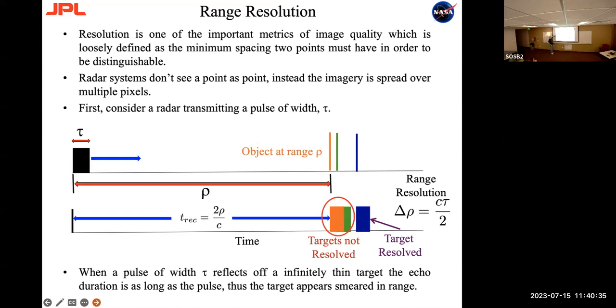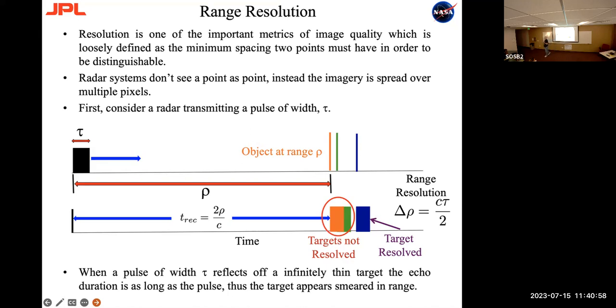All right. And so this has a distance rho to the first guy right here. And now, as I go along, my pulse is going to go along. And eventually, I'm going to be getting returns, if this is fat enough, from both the orange and the green line at the same time.